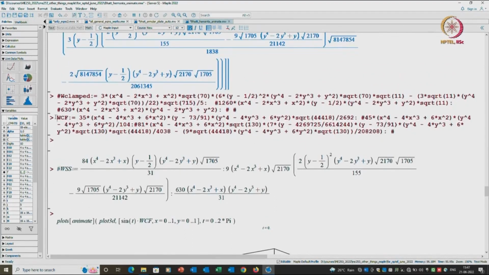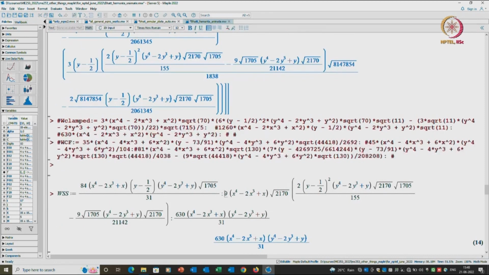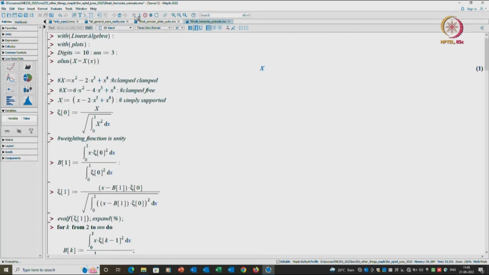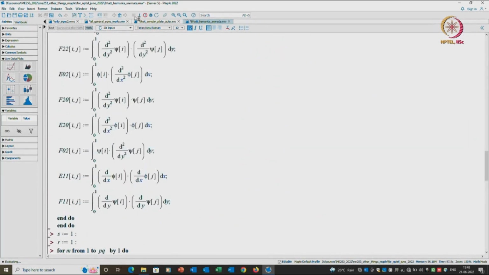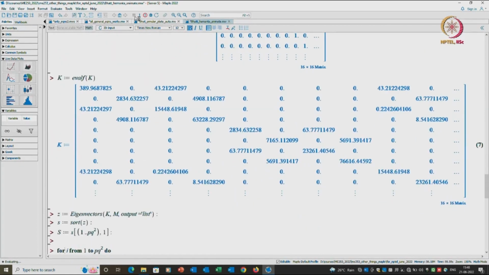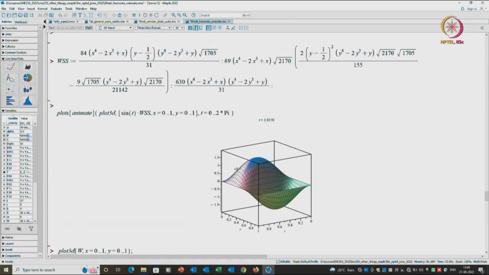So I will close this, open this, let me block this, let me put a colon here. Okay, so let us evaluate. So this is a simply supported mode.